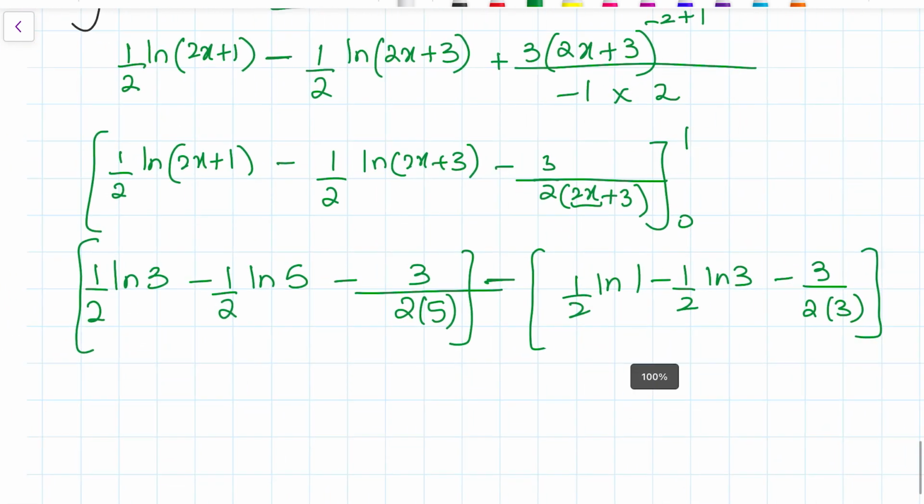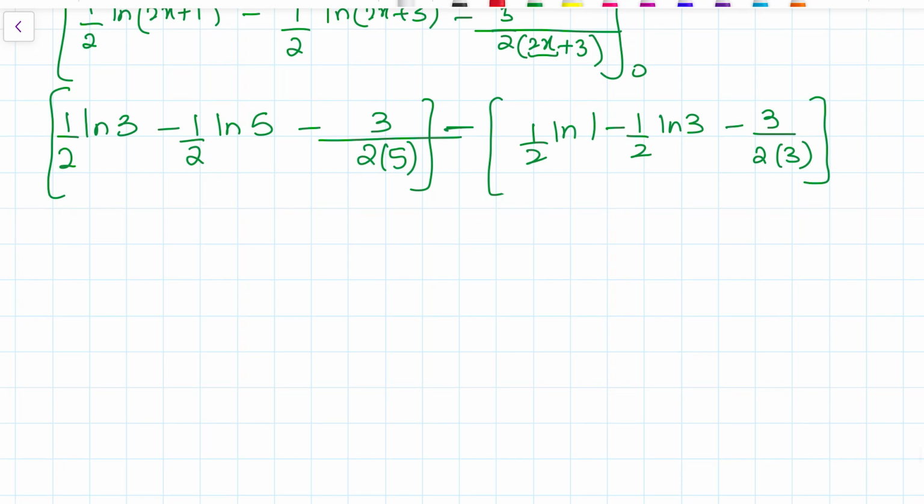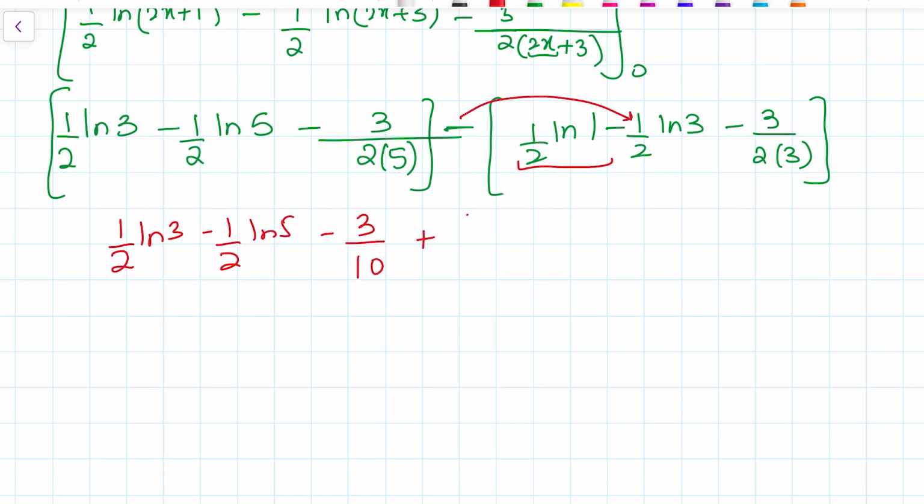So lots of calculations are done mentally because they're easier to do. Okay, now here, half ln 3 minus half ln 5 minus 3 upon 10. This becomes a 0, minus minus is a plus, half ln 3, minus minus is a plus half. Minus 3 upon 10 plus 0.5 gives me 1 upon 5.